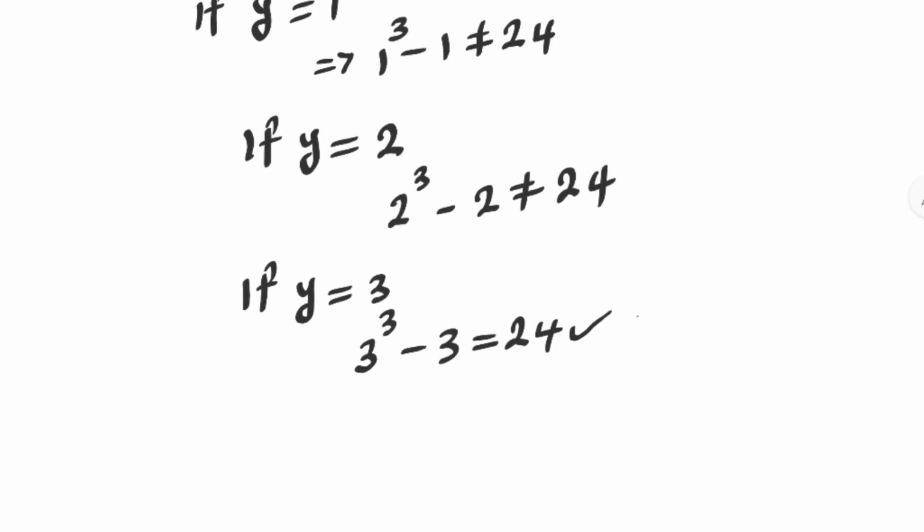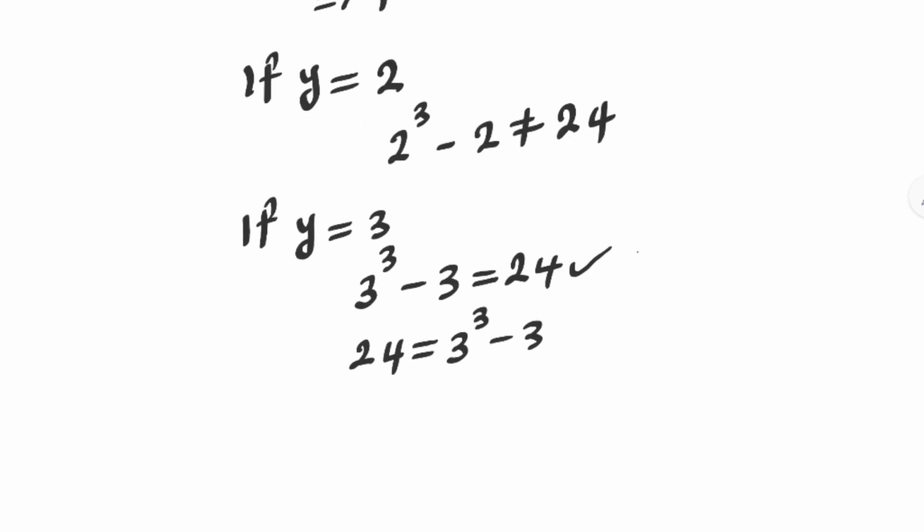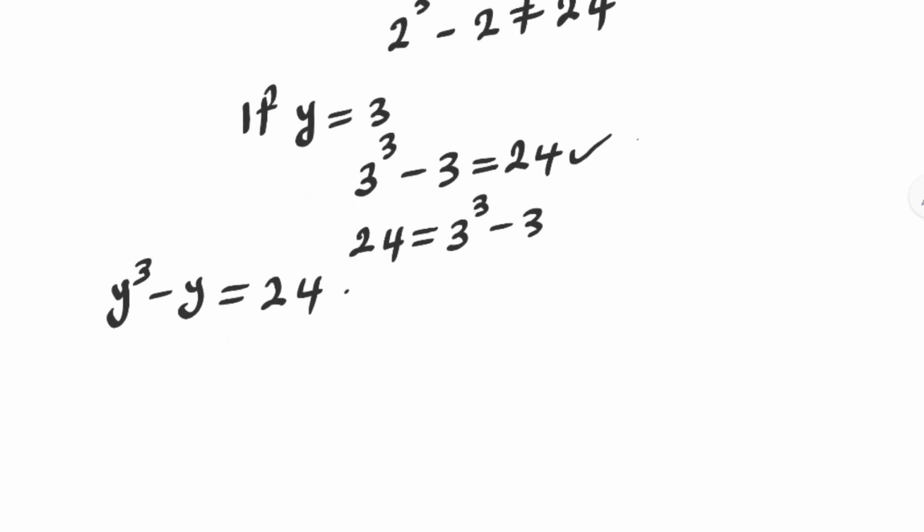Then 24 will be 3 raised to power 3 minus 3. y raised to power 3 minus y is equal to 24. Let us bring this 24 to this side.